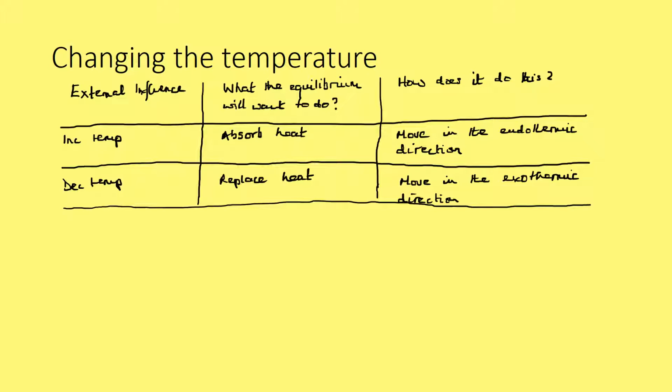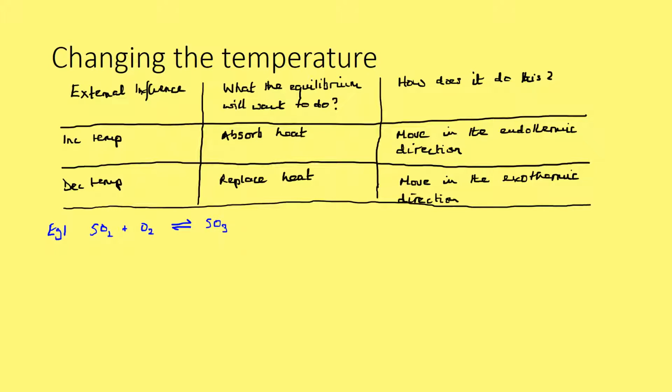Okay, so let's just make sure we understand that by looking at a couple of examples. So let's have a look at example 1. We're going to start off with some sulfur dioxide, and let's react that with some oxygen gas. And that's going to be in equilibrium with sulfur trioxide.